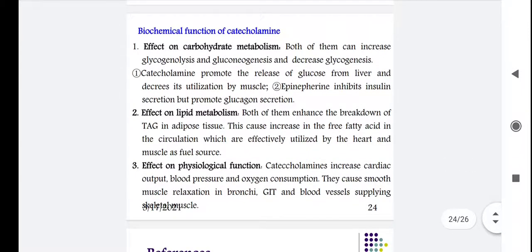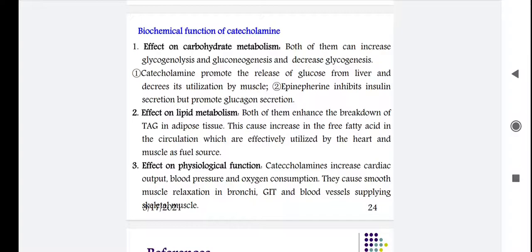What is the biochemical function of catecholamines? Catecholamines have many functions in the body. They have an effect on carbohydrate metabolism. Both of them can increase glycogenolysis and gluconeogenesis and decrease glycogenesis.